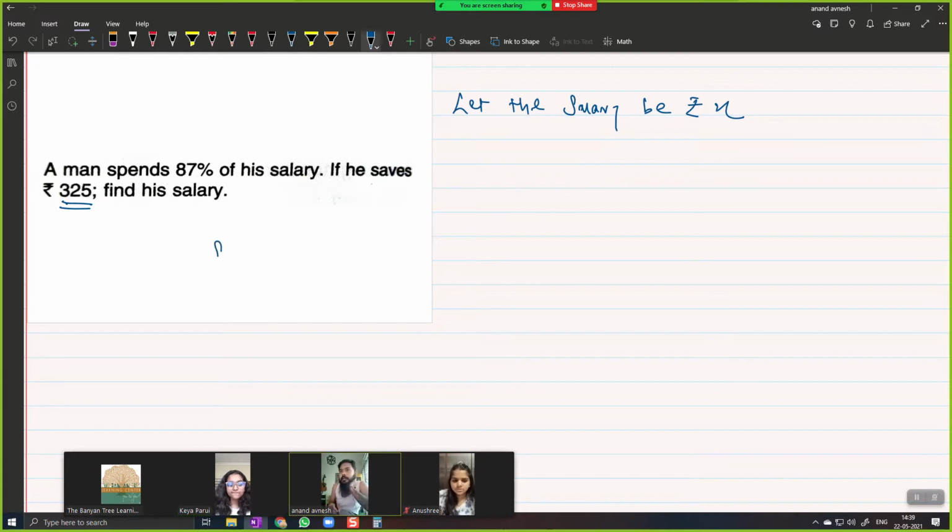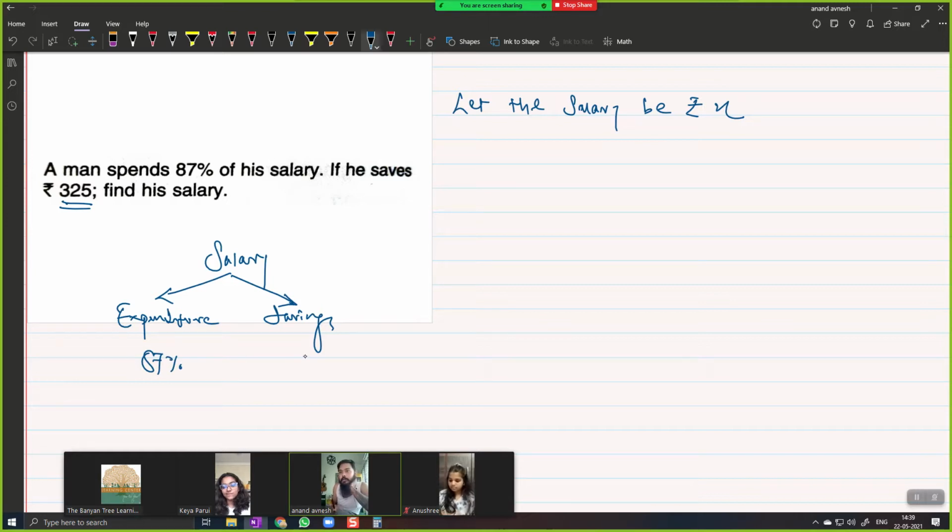See, any salary can be divided into two parts: expenditure and savings. If the expenditure is 87%, how much will be the savings? Because the total salary is 100%.